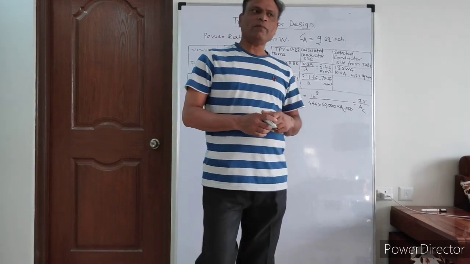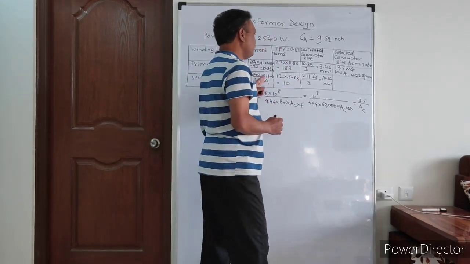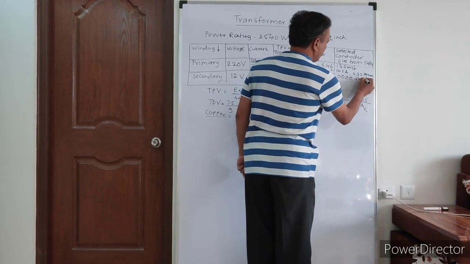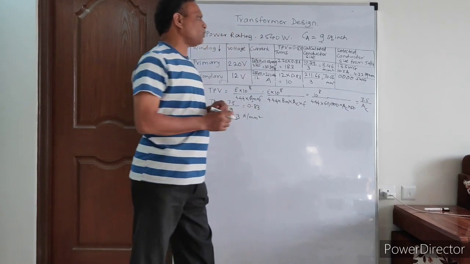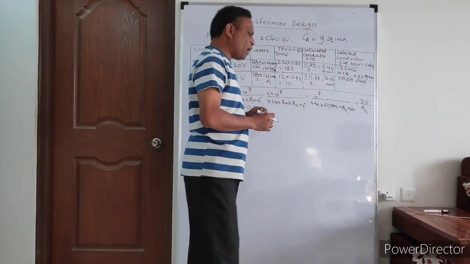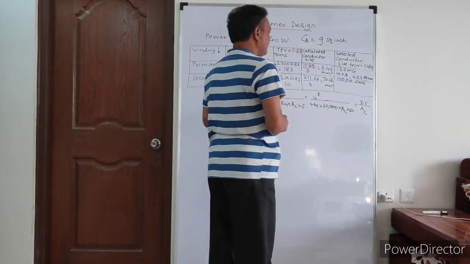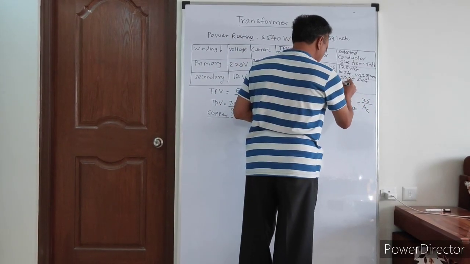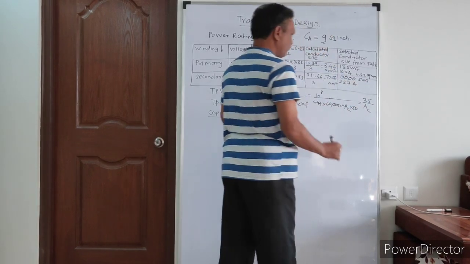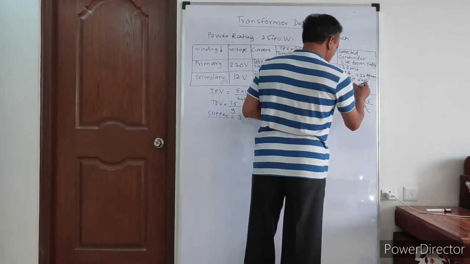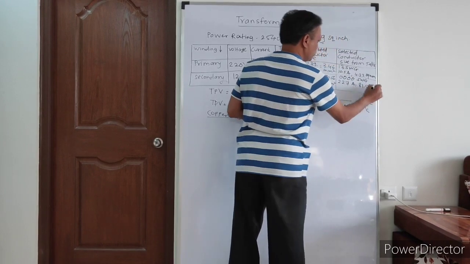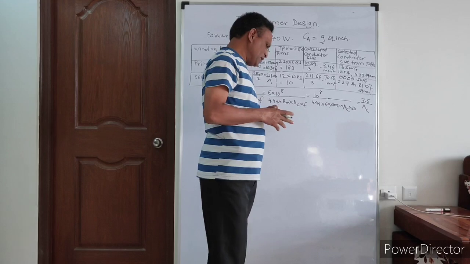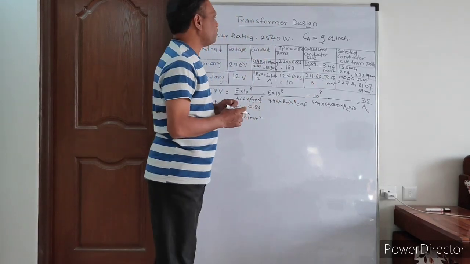We have to select the optimum conductor, so if you see the table, you will find that there is a 4/0 SWG gauge wire, which can carry a current of 227 ampere with a cross-sectional area of 81.07 square mm. So this wire will be selected for the secondary winding.